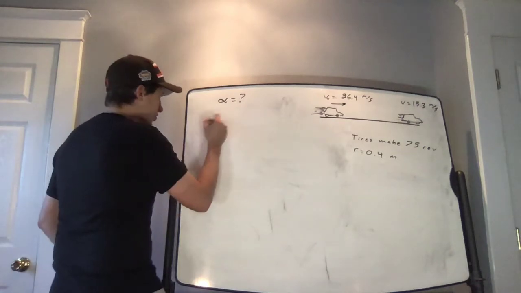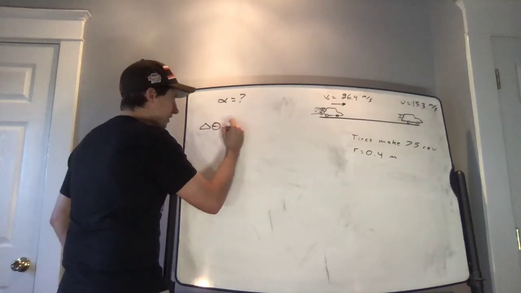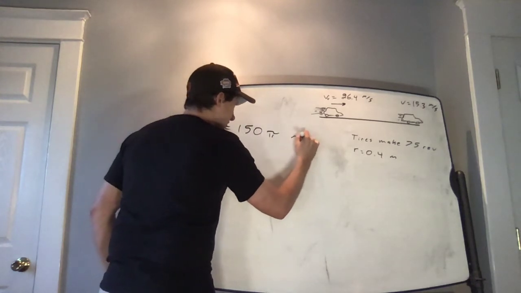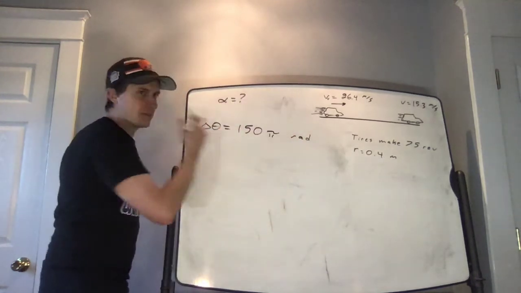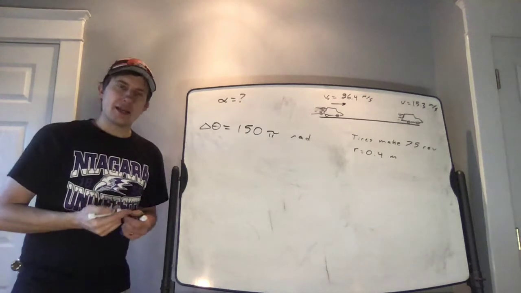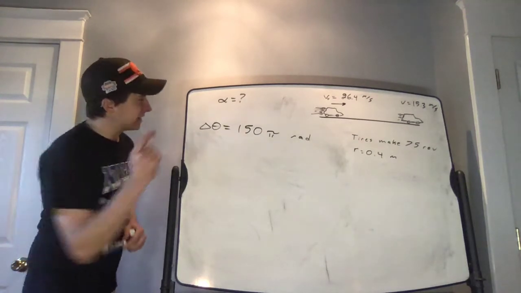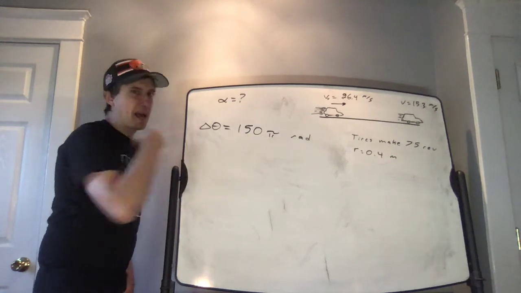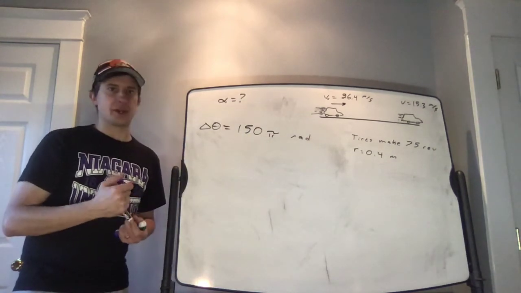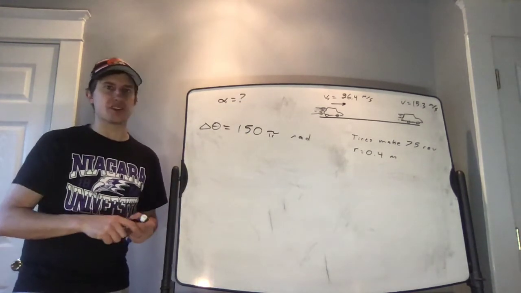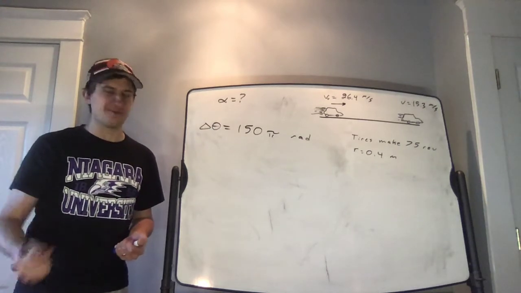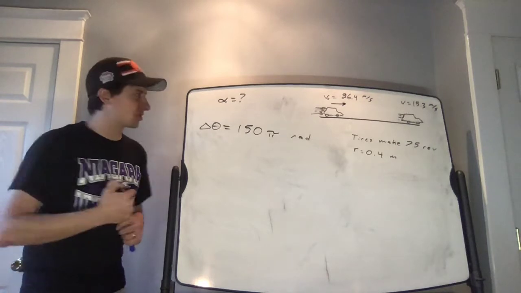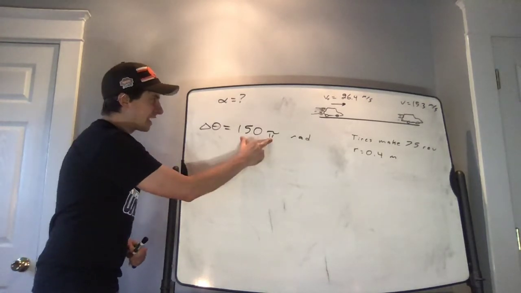So the angle through which the tires spin, delta theta, is going to be 150 pi radians. 75 times 2 pi. Now, you might ask, why didn't I just multiply 150 times pi to get something a little bit bigger than 450 because pi is 3.14? I just don't feel like doing it. That's my answer.